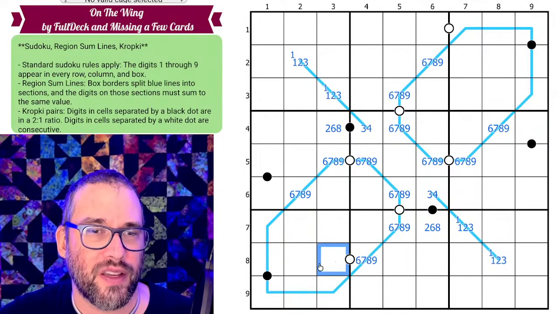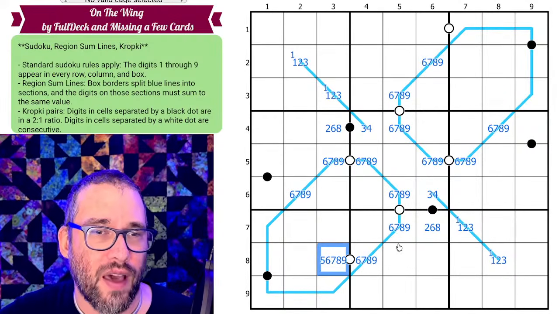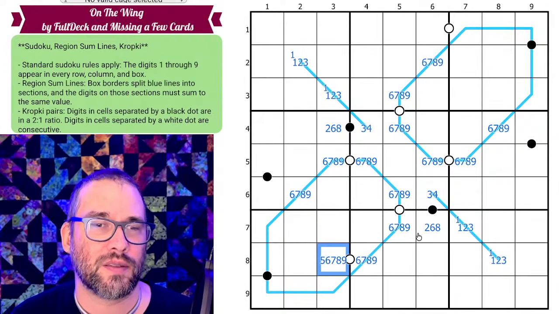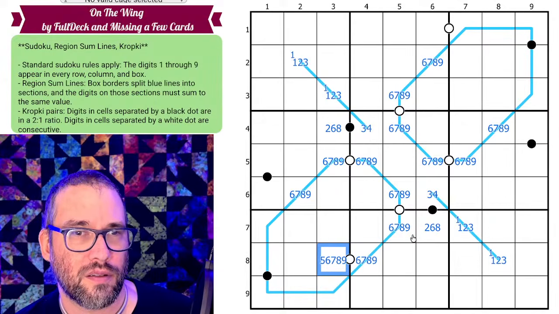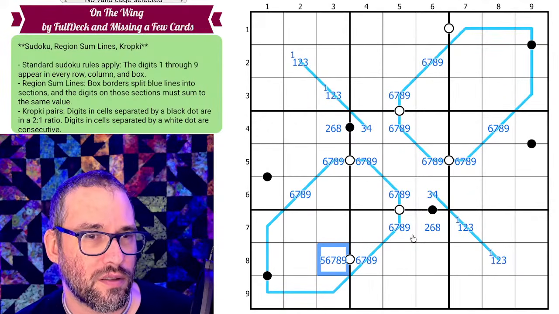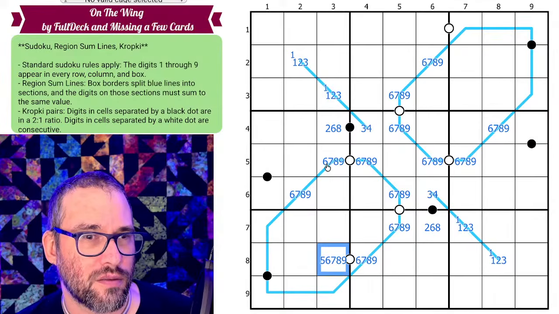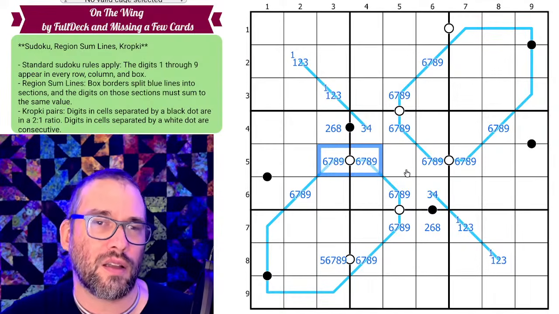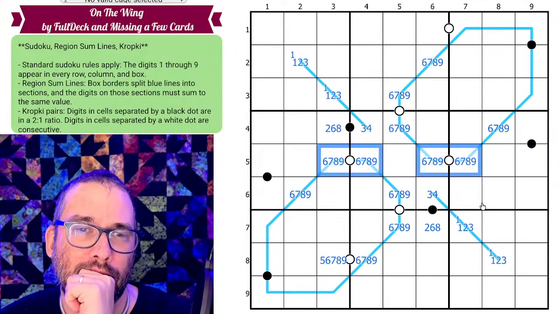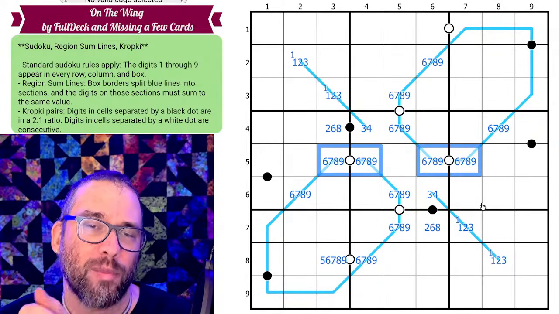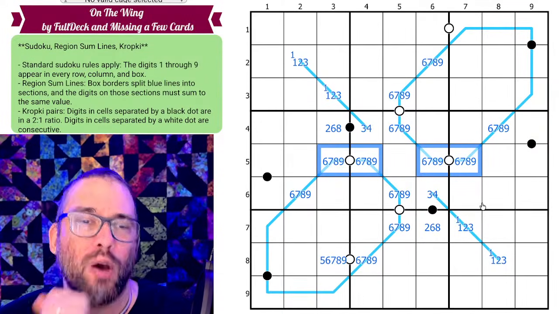Might as well fill in that this is 5 or higher. Well, they can't both add to 15. Oh, these pairs.